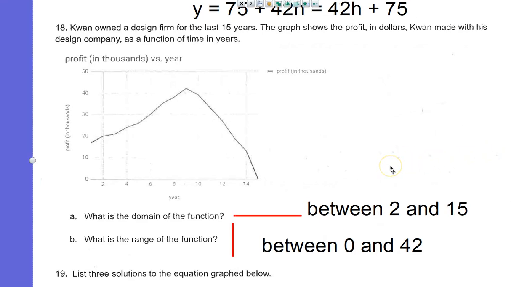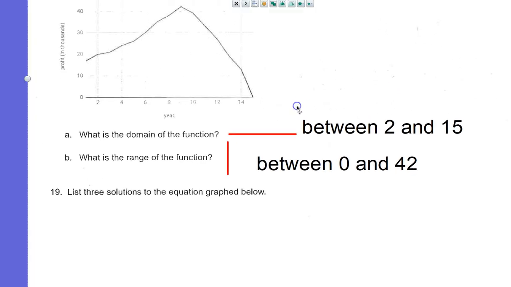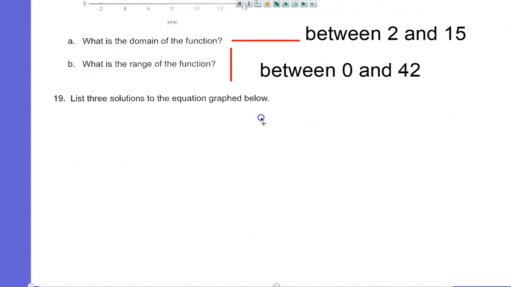Okay, next question. List 3 solutions to the equation graphed below. And there doesn't appear to be a graph. Is it on the next page? Yes, it is. List 3 solutions to the equation graph below. That's a bizarre question.